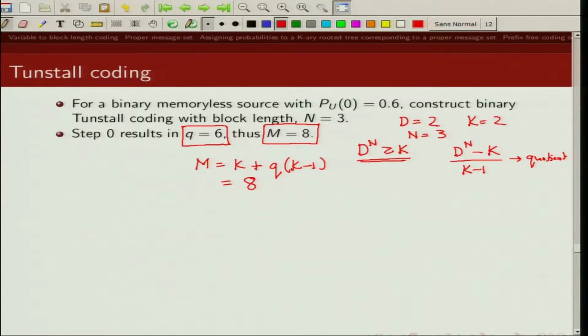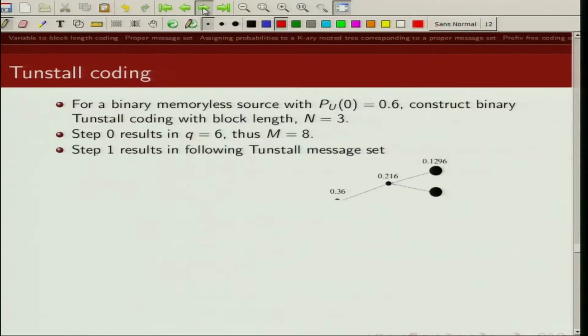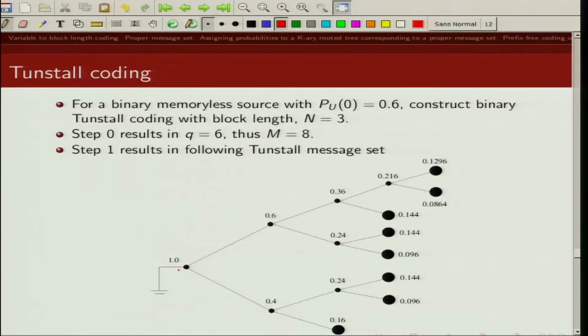What we need to do is 6 extensions of the extended root. So let's do that. So this is a rooted tree, and that's the root. What I have here at this point is an extended root.